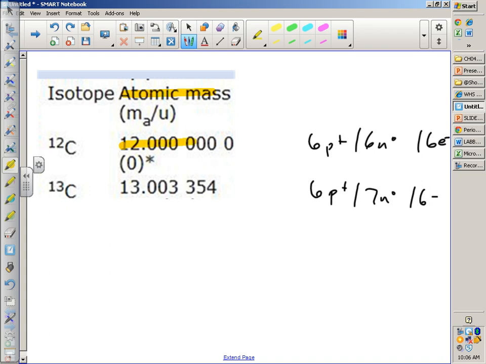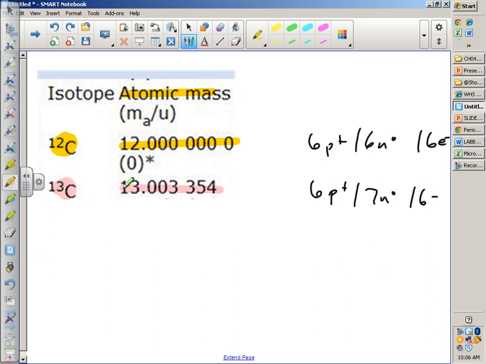Right. So, now let's talk about atomic mass. So here is the atomic mass for carbon 12. And like I told you before, we have assigned a value exactly equal to 12. All right? Here is the atomic mass of carbon 13.